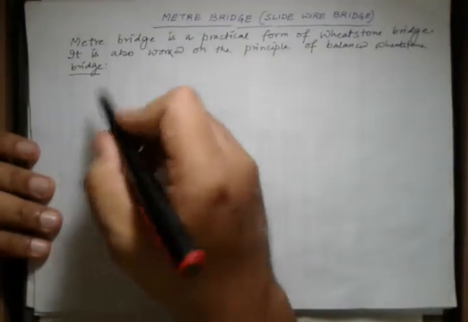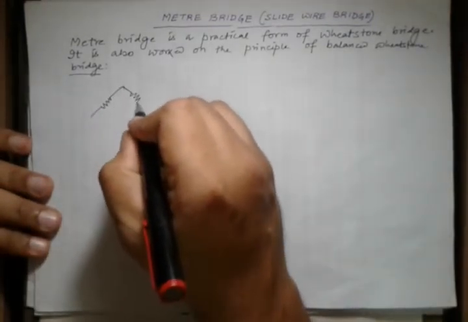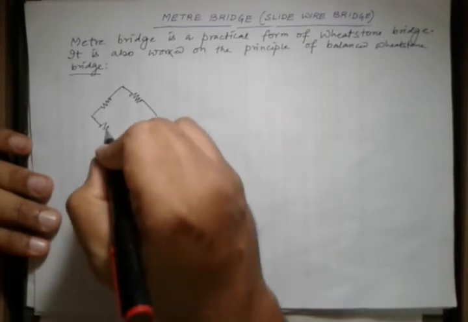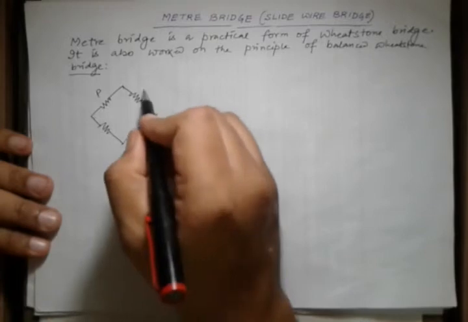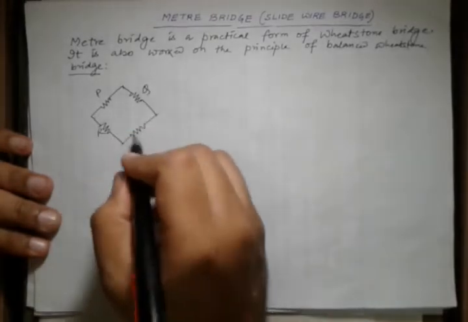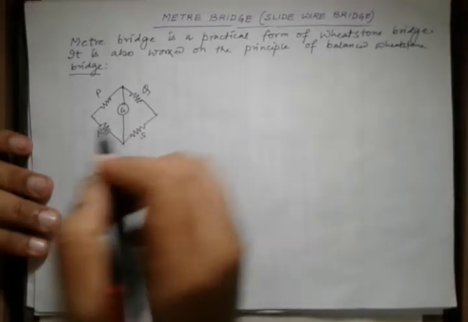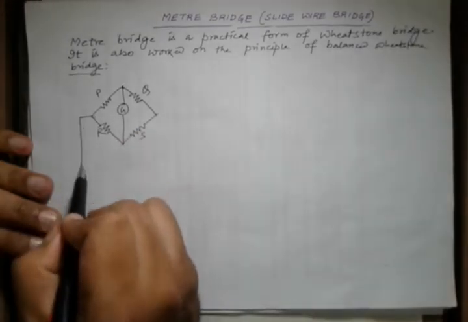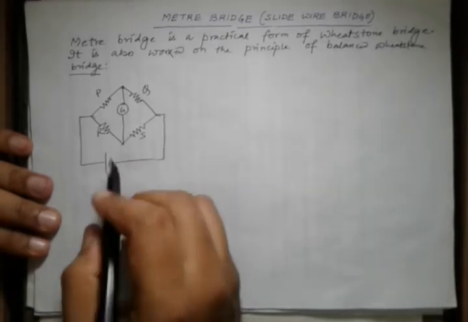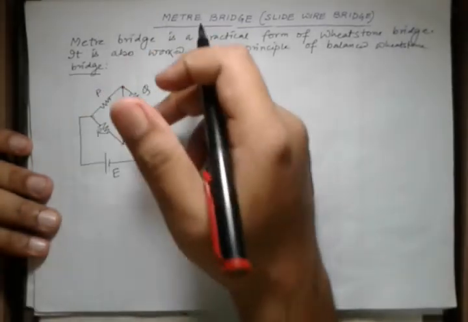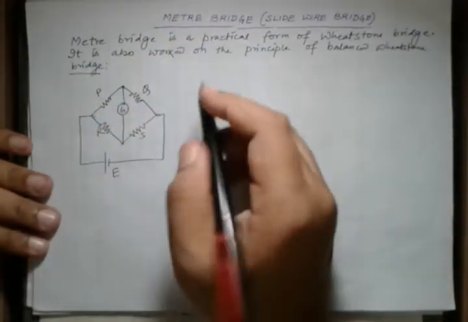Already we know this is the diagram of the Wheatstone bridge, where P by Q is equal to R by S. The galvanometer G is there, and the EMF is there. Now just reverse this, meaning make it upside down.